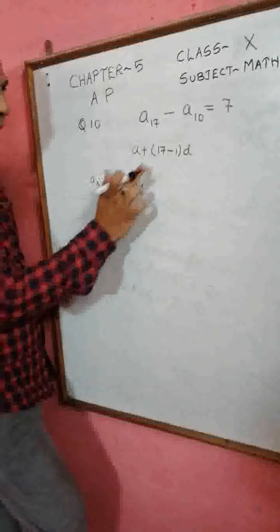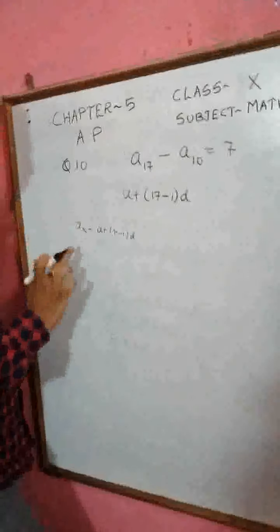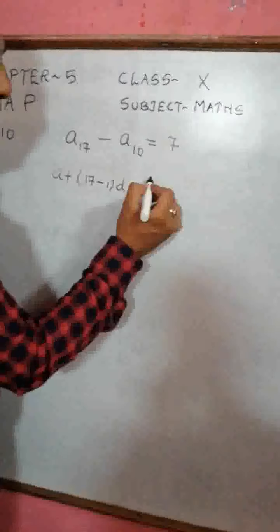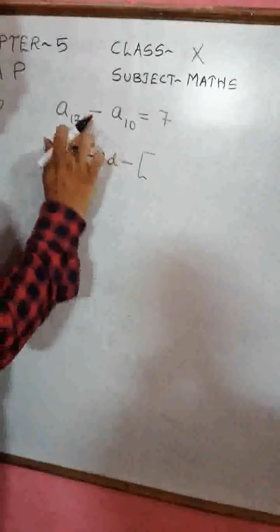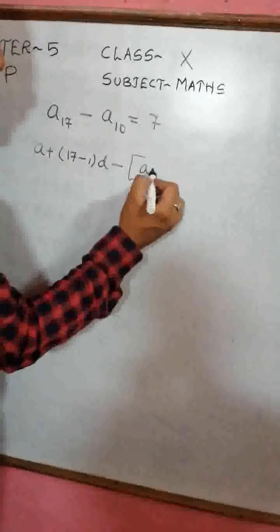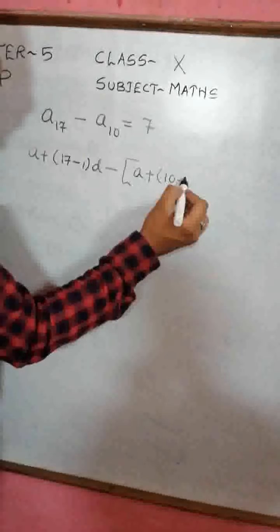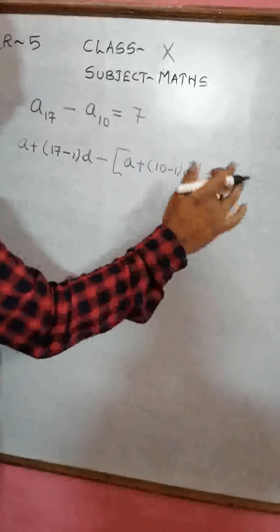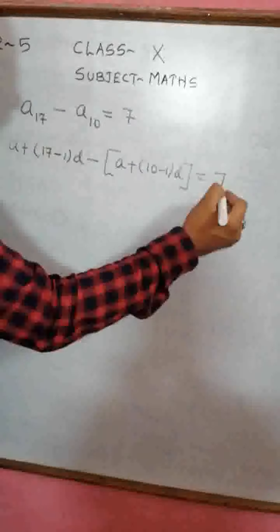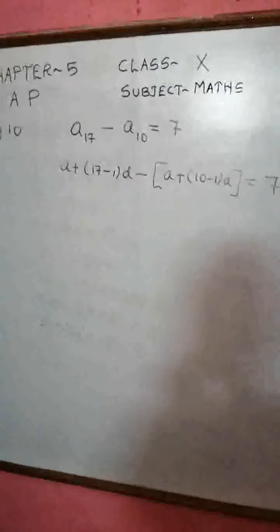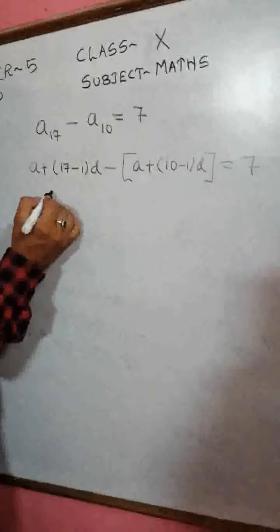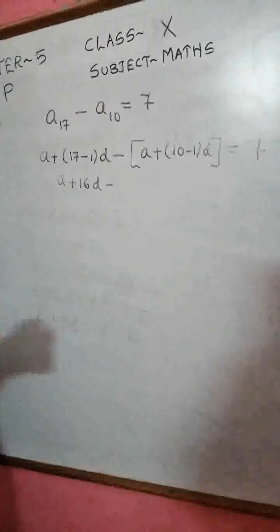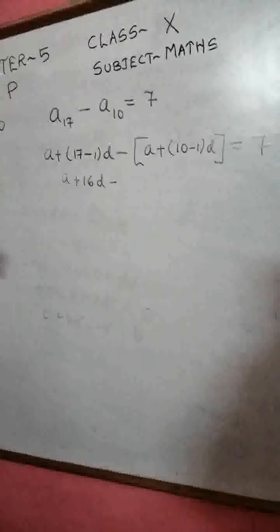So in place of n I put 17 because the 17th term is given. Now the minus sign is there, so you put the minus sign. The 10th term you put in brackets because the minus is outside the bracket: a plus 10 minus 1 d will be equal to 7, according to the question. Now 17 minus 1 is 16d.